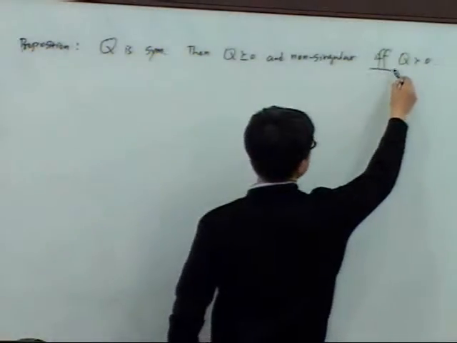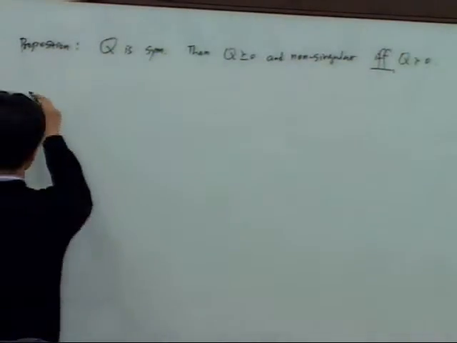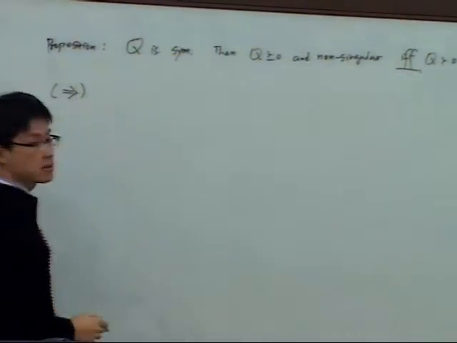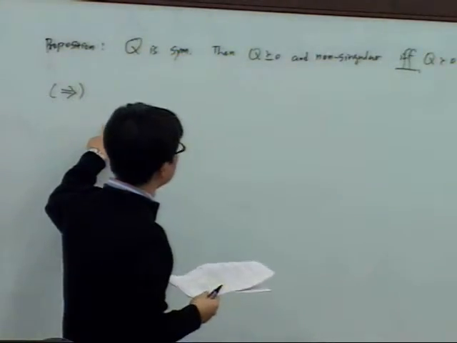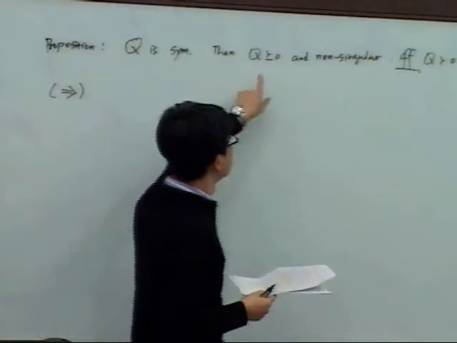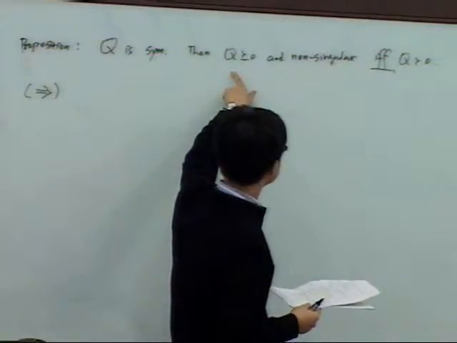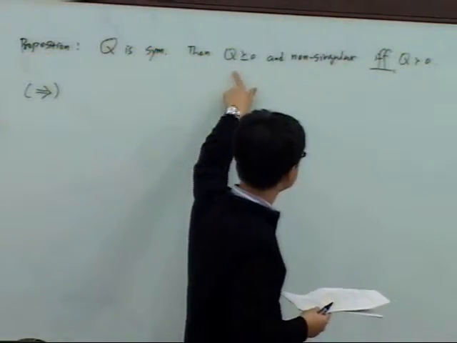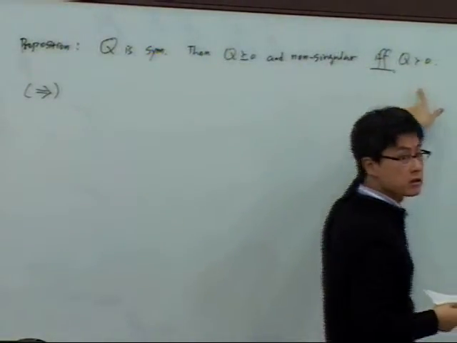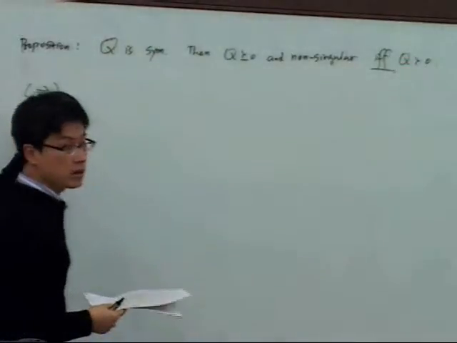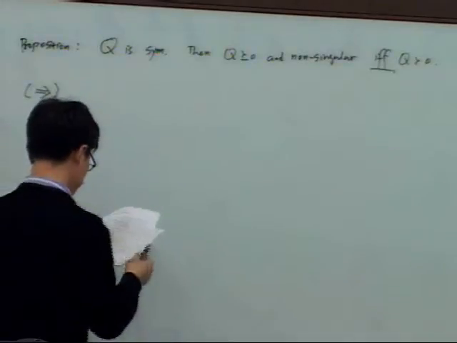Okay. For that, we have to prove it in 2 steps. First, we have to prove this step: if Q is positive semi-definite and non-singular, then Q is positive definite. We are going to first prove that direction and then the other direction later.